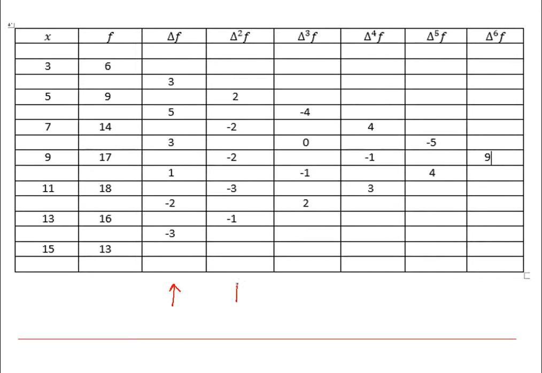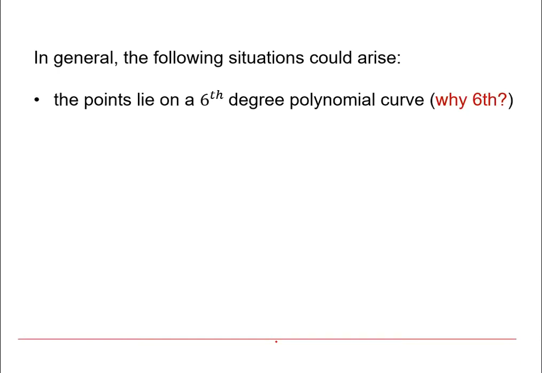Similarly, if the second differences had been roughly constant, we could have fitted a quadratic approximately, but as that's not the case for any of the columns, then because we've got 7 points, we can guarantee to fit a polynomial of order 6 through the points. So that's the best we can do, really.